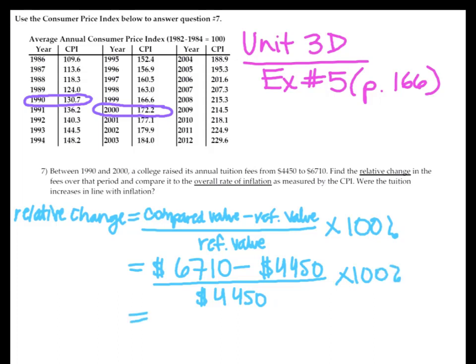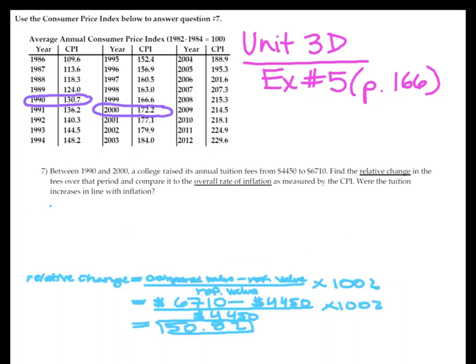So after you plug this into your calculator, you'll get 50.8%. So this is your relative change at 50.8%. And again, because I'm running out of room, I'm going to make this smaller so we can solve for the overall rate of inflation.